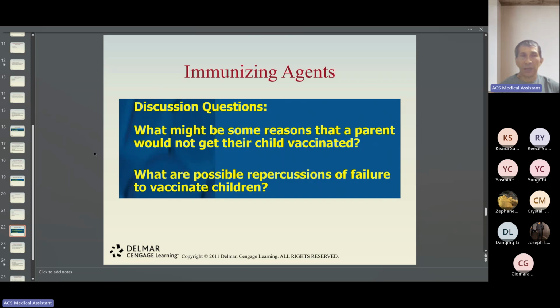Oh, your child is going to be autistic, your child is going to be mentally retarded, and so on and so forth. Or they actually want to kill your child, which is false.